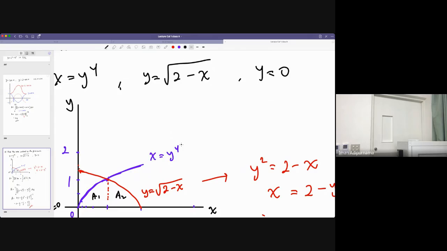And if you're using dy, then you need to change all the information to become x equal y. For example, we have x equal y to the 4. That's already y to the 4. And this, you need to switch x and y, right? So it becomes x equal 2 minus y.